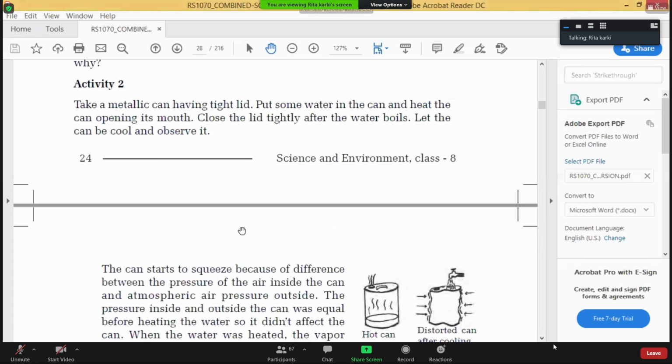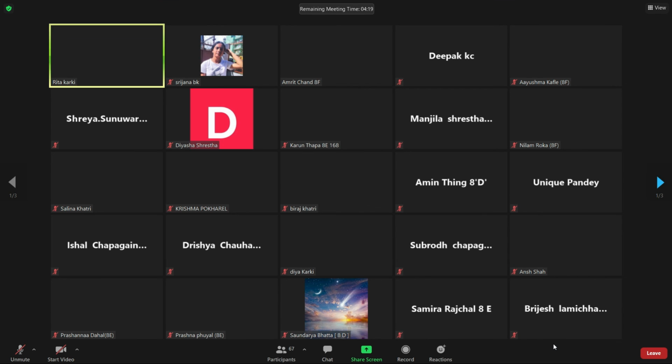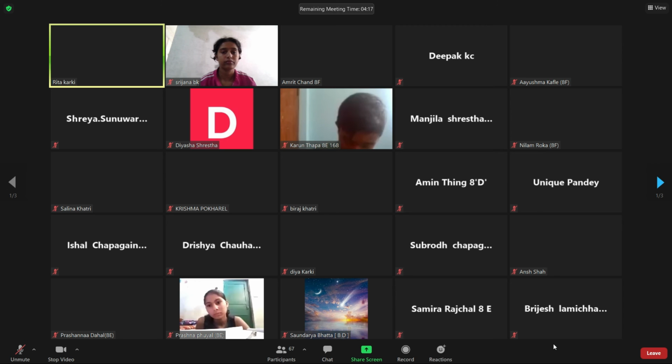For this purpose, we should take a metallic tin, metallic can, or any type of metal substance that consists of a lid. Now put some water inside this metallic can and heat the water, boil the water properly. First of all, take the metallic can, then boil the water.